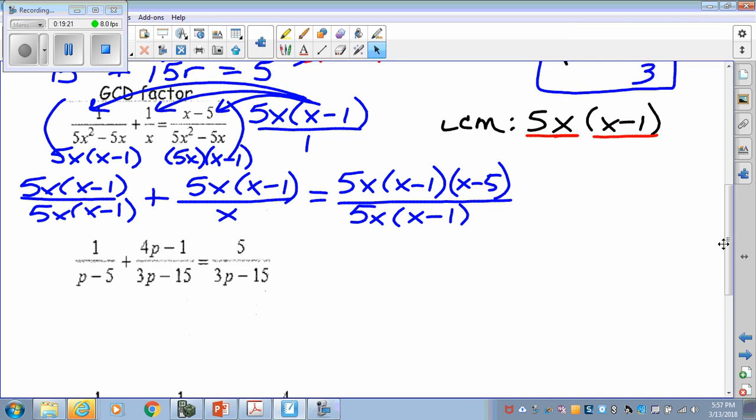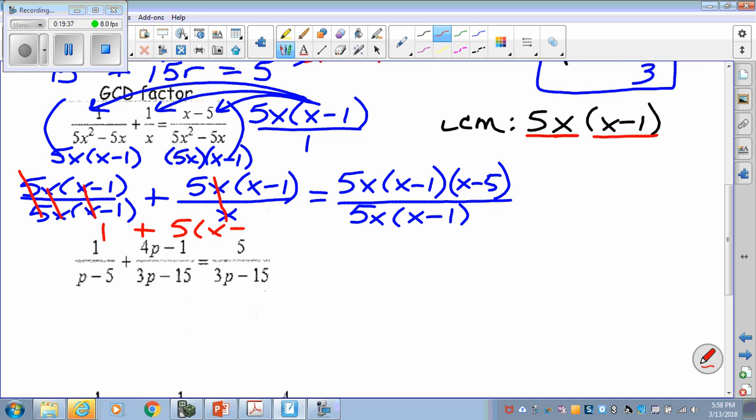Okay. And then now, remember what's supposed to happen is all the denominators are supposed to go away. So notice that's 1, 1, and 1. So that ends up being 1 plus, and then that goes away, and then this will be 5 times x minus 1 equals, and that cancels out, and then I have an x minus 5.